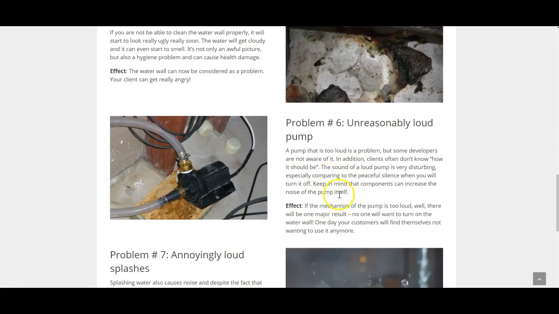Then very often in common are too loud pumps. In the first place, because it's simply the wrong pump. There are a couple of different pumps on the market which can be used for draining tanks and so on, but there are only a few pumps which are really silent by themselves, and then if you don't set them up properly, they might get loud too.